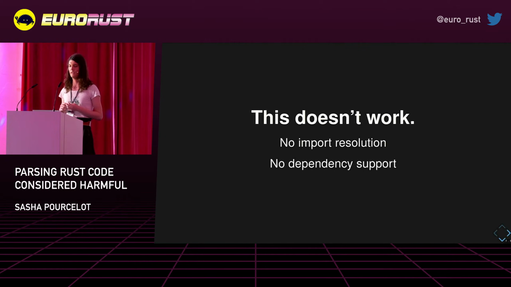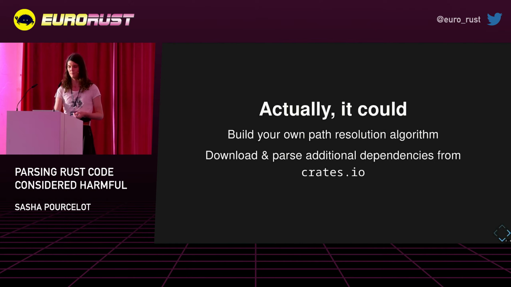If I have an item in my API, for instance a function, which returns something that comes from another crate, then from my perspective, just handling abstract syntax trees, I just don't know what it is. I know it's a foreign type, something that doesn't come from my API, but I have no other information. And this is really a pain point when working that way.